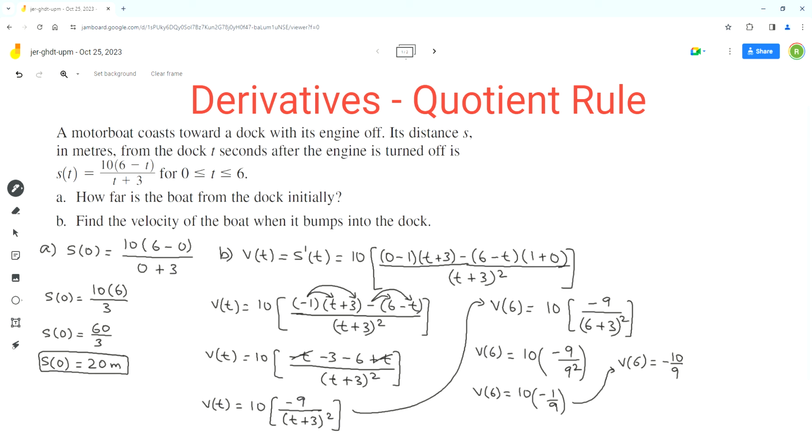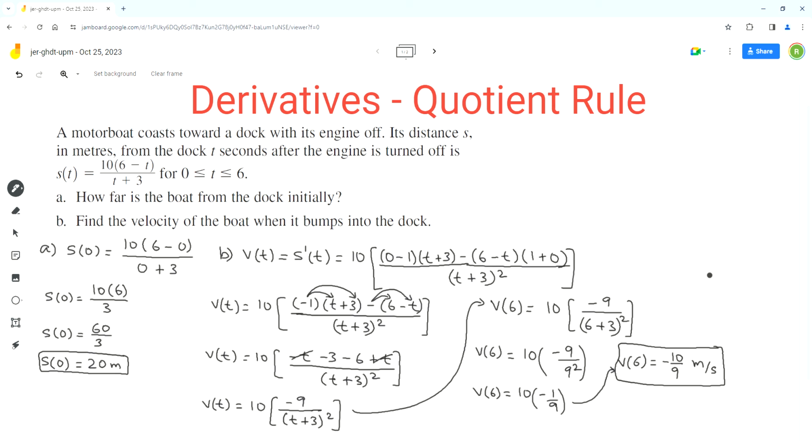And the unit of velocity is meters per second. So this should be the final answer for the velocity of the boat when it bumps into the dock. So we get a negative answer here. Now velocity is a vector quantity, so it can be a negative number.